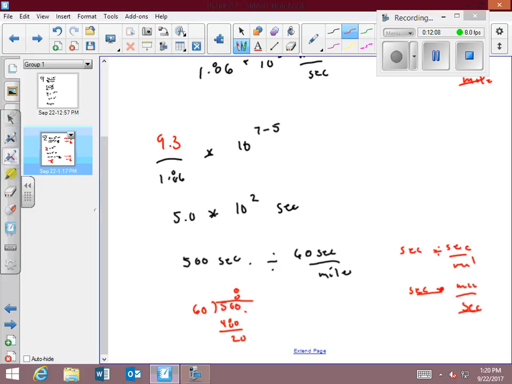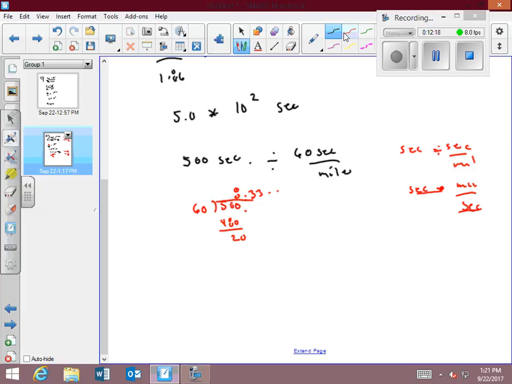Now, at this point, we get 0.33, and it just goes on and on. So technically what we have is 8 1/3 minutes. So if a ray of light leaves the sun, 8 1/3 minutes later, it hits the earth.